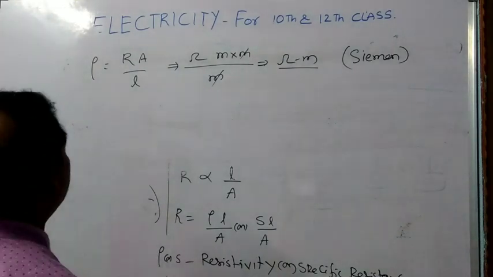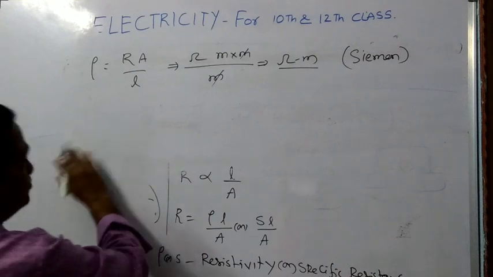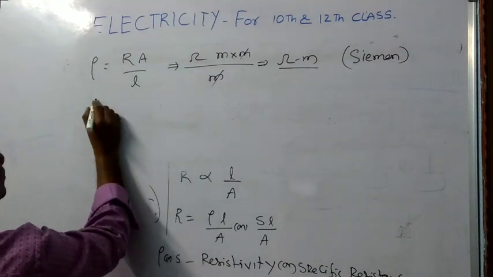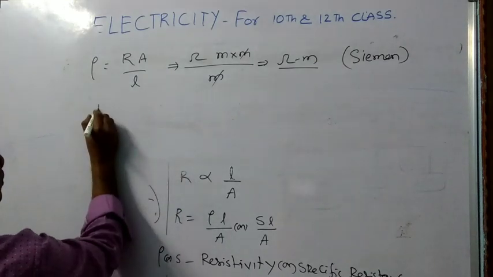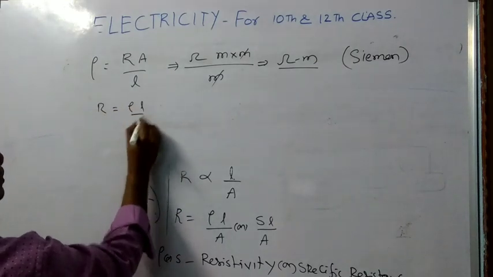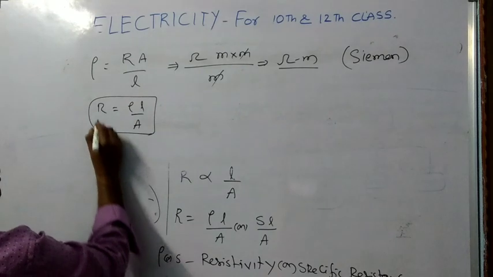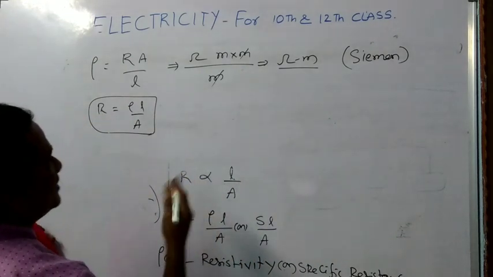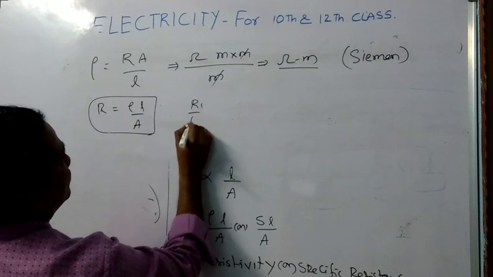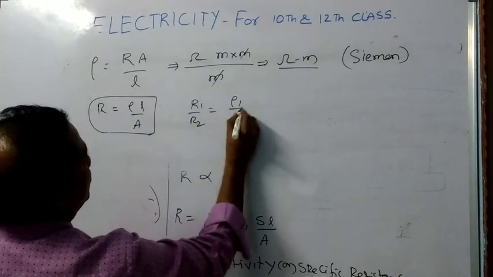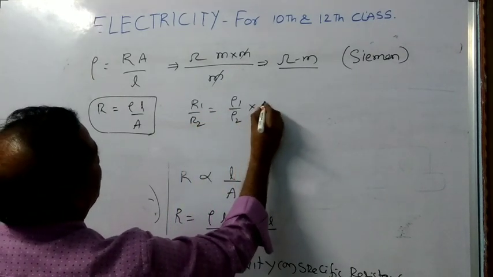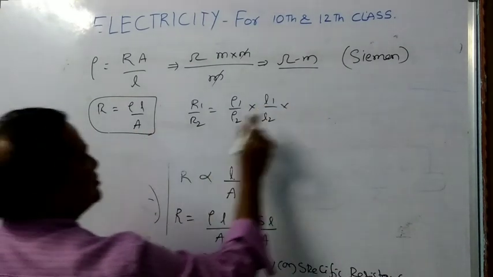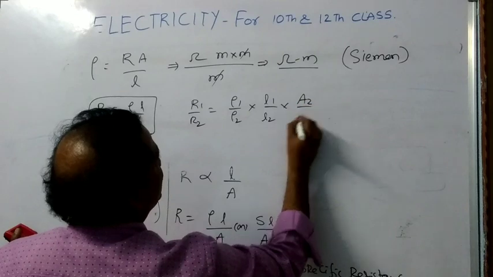Okay. Now from this you can write the ratio formula also. For example, same formula if you use, R is equal to rho L by A. If the materials are different materials, you have to find the resistance ratio. We can use the formula R1 by R2 is equal to rho 1 by rho 2 into L1 by L2 into area down is there, that means A2 by A1.